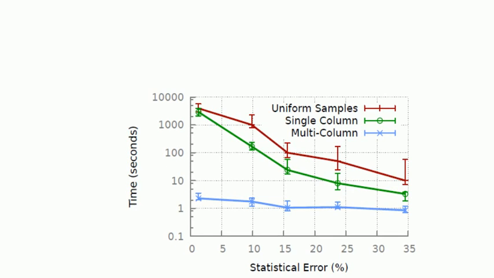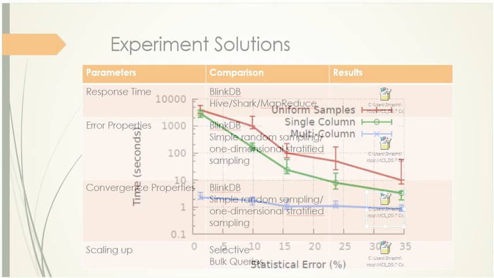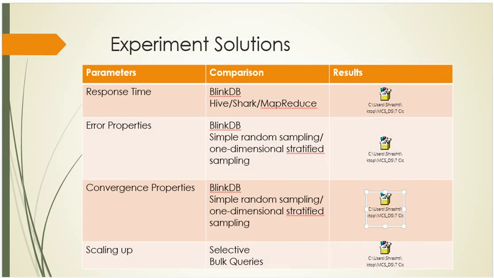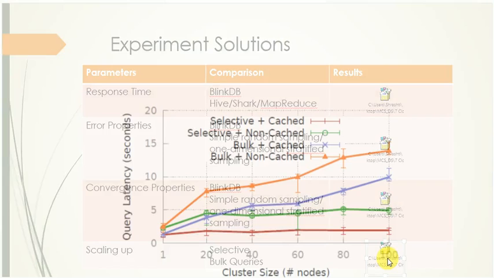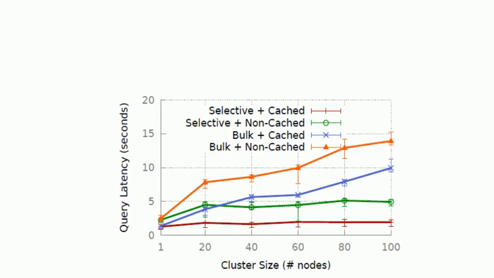This is our convergence model, how the user has requested the error bounds and time bounds, and how we have performed on it. Finally, we demonstrate BlinkDB's ability to scale gracefully with increasing cluster size. Here is the chart.